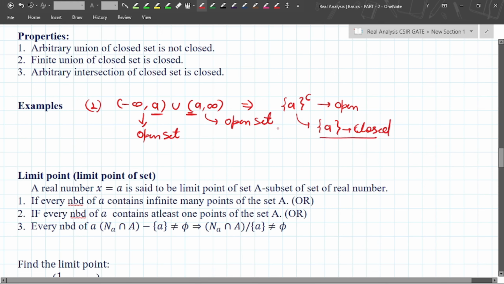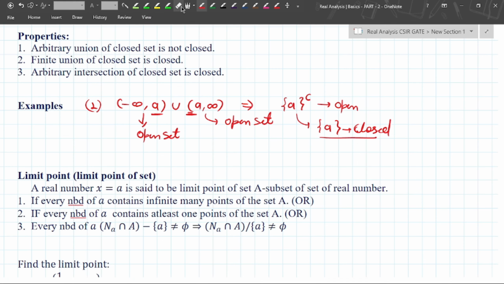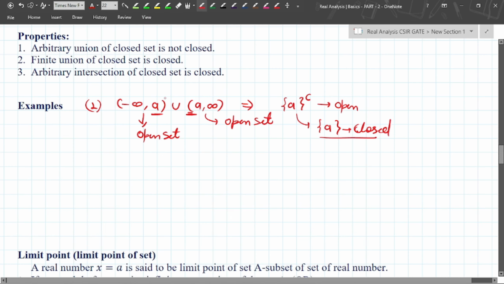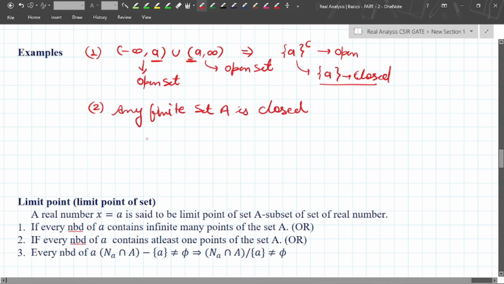Now this is one of the cases. Another example I can take: let's say any finite set A is closed. Okay, this is the singleton, and next I will take any finite set. So it is A1, A2, okay, up to An.